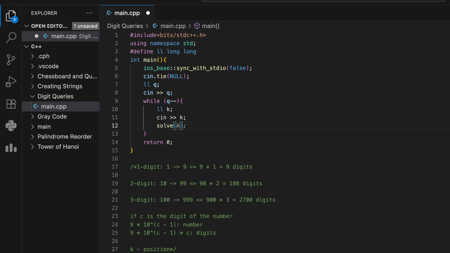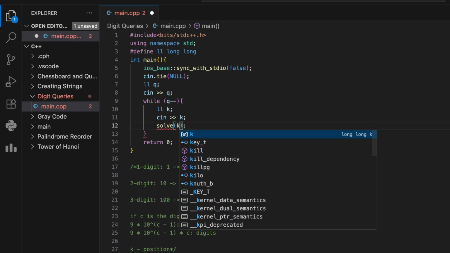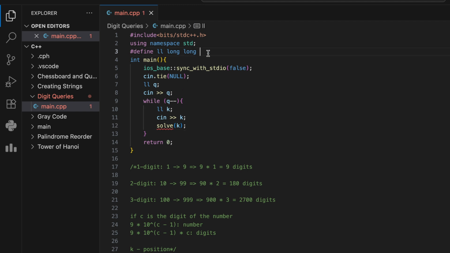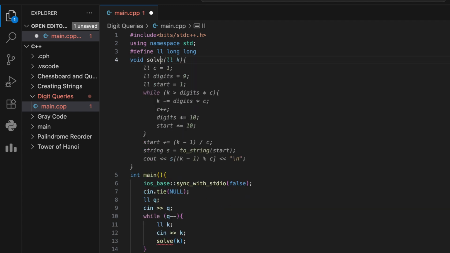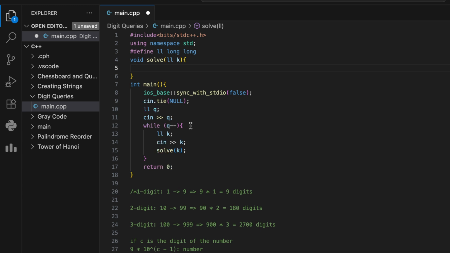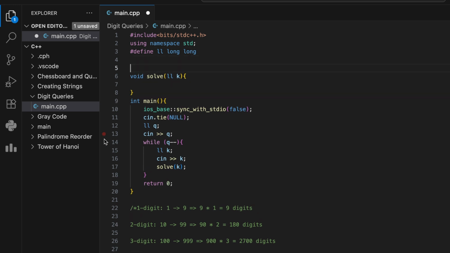We also need a binpow function to calculate this formula.